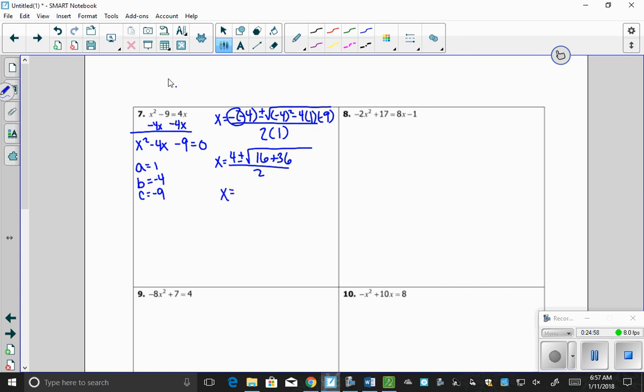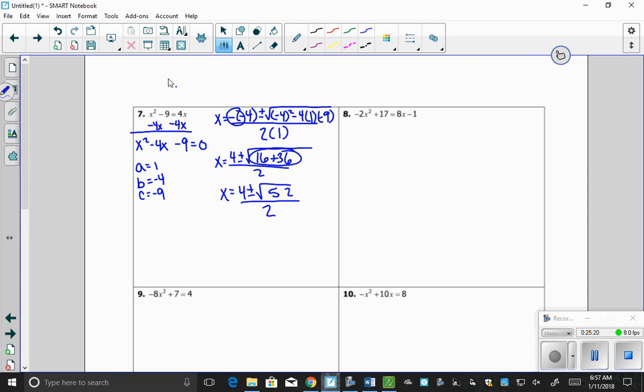So when I combine these numbers, I'm going to get 4 plus or minus the square root of 52 over 2. Now, the square root of 52 is not a whole number.